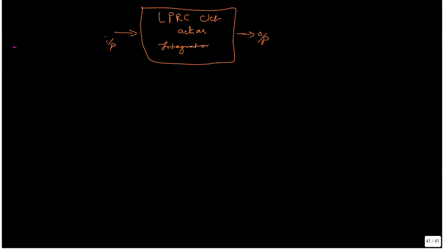If you apply an impulse signal, which is defined as delta of t, the output is the integral version of the input. So what will be the output if you apply an impulse input? You are going to get a step signal as output, and the magnitude of this is 1.